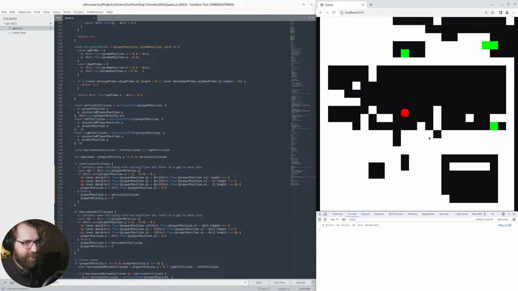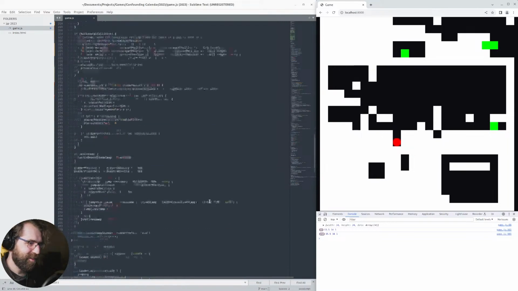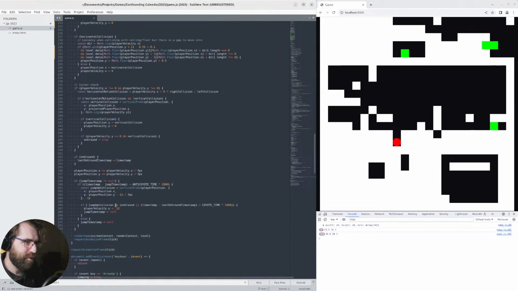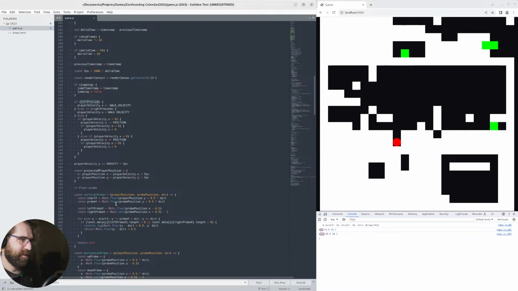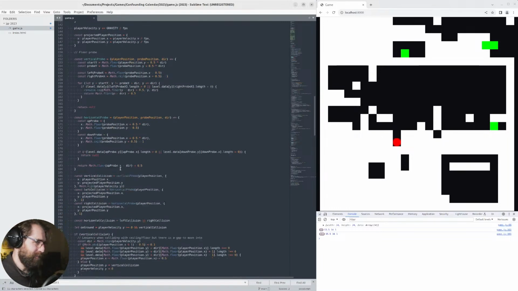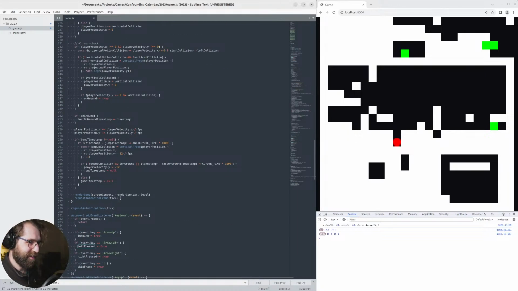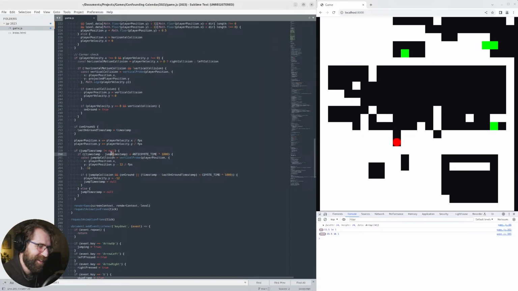You could say I should only fall down the hole if I'm not trying to accelerate to the side. You're totally right, aren't you? How does acceleration to the side currently work? I have left pressed. What does that do? Left press does that. So well, I could just say only do this thing if those aren't pressed, which makes sense. If I were trying to fall down a hole, I'd let go. Oh, it's horrible, but it's also good.